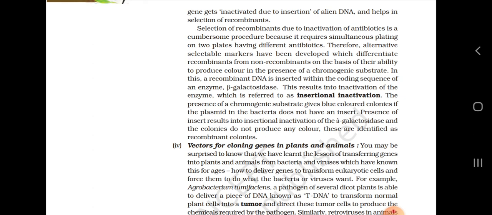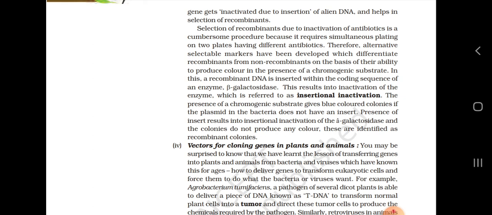This is a better way of differentiating them. Now, what is done in this process? Here a recombinant DNA is inserted within the coding sequence of an enzyme, beta galactosidase. Where did we find beta galactosidase? We found it in the lac operon.